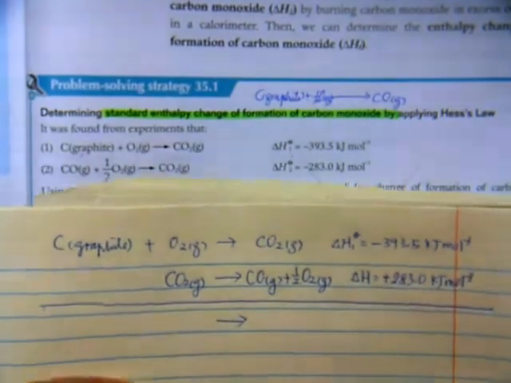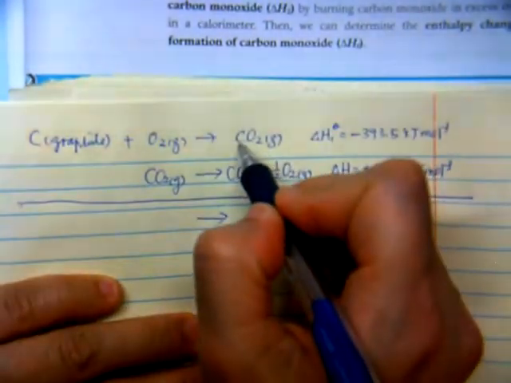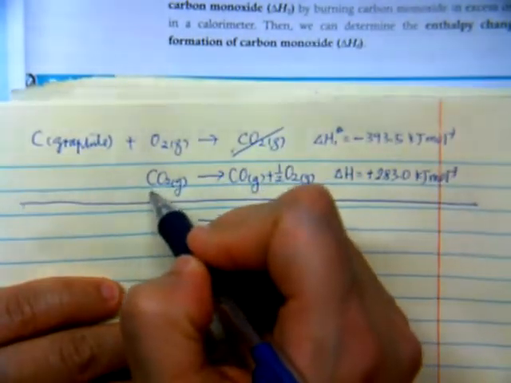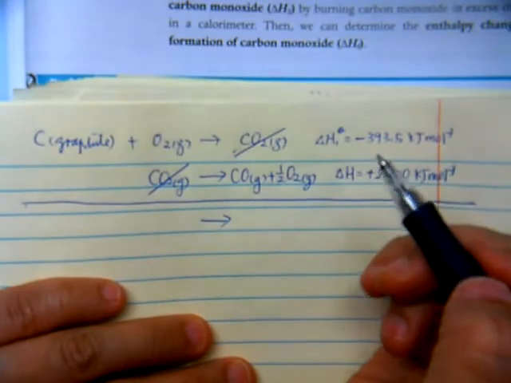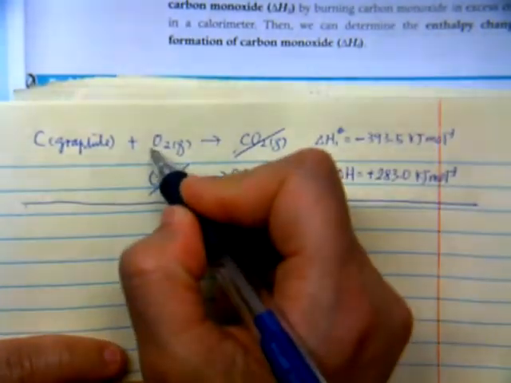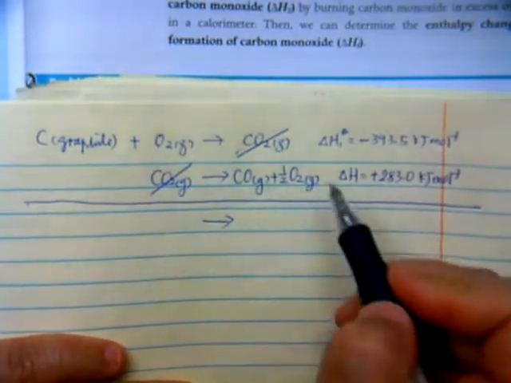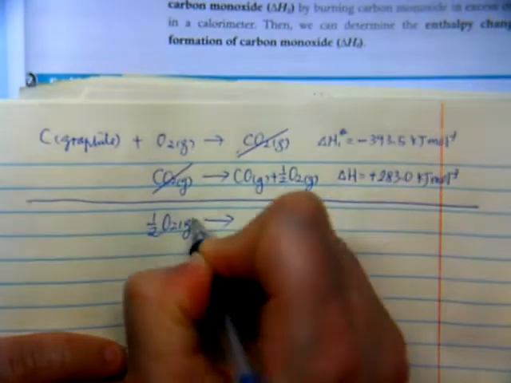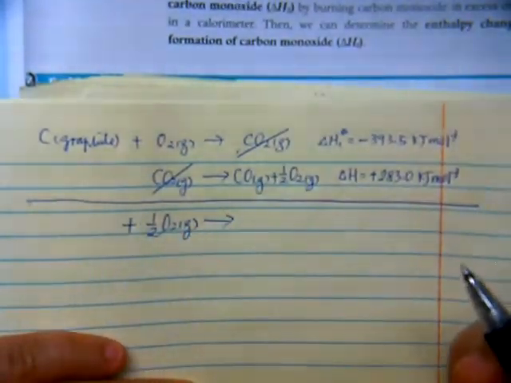Now, sum them up. You have one CO2 on the product side, one CO2 on the reactant side. So you can cancel them out. You have one O2, you have half O2. So you have half O2 on the reactant side.